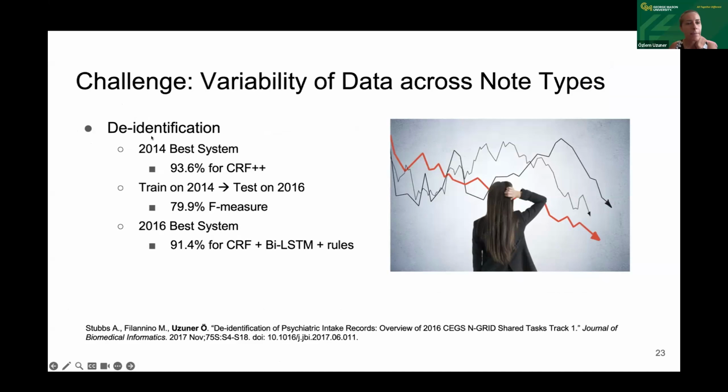You'll see it again. Now, if we use the training and test portions of the same data set, of course, we closed the gap back up. We were back up to 91%, which is a much more palatable number than 80%, right? Okay, well, so this is saying that the notes were in fact different.